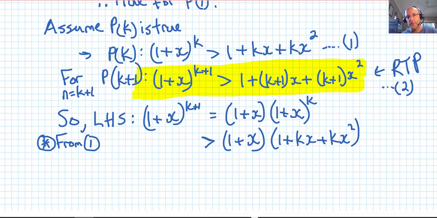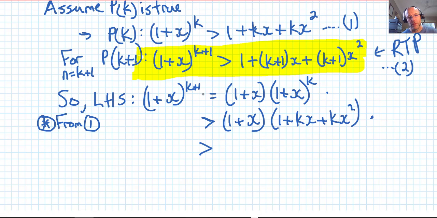Another way of looking at this would be to say that 1 + kx + kx² is smaller than (1 + x)^k over here. So this line going to that line has a smaller value. If this was equal to this, it's bigger than a smaller value. So (1 + x)^(k+1) is greater than that line we just wrote there, which means it's greater than the expansion of all of that.